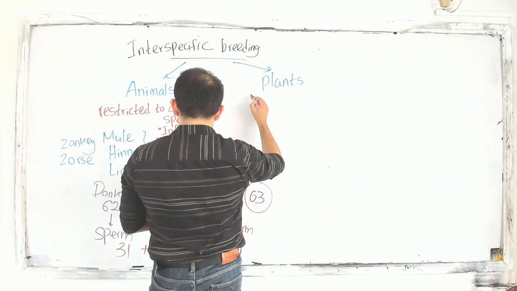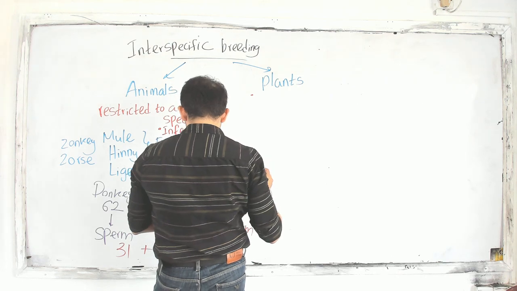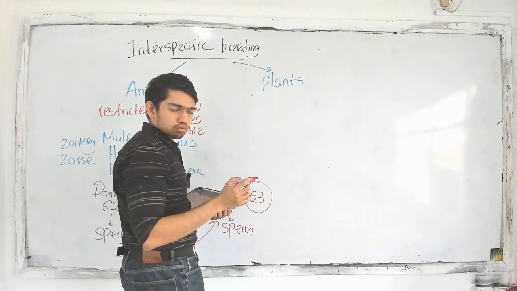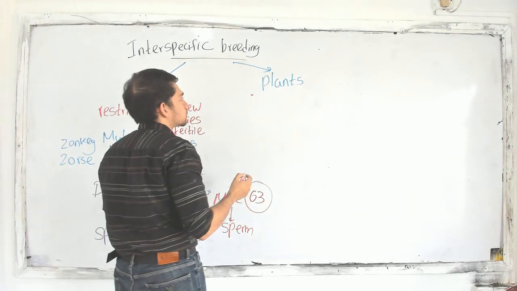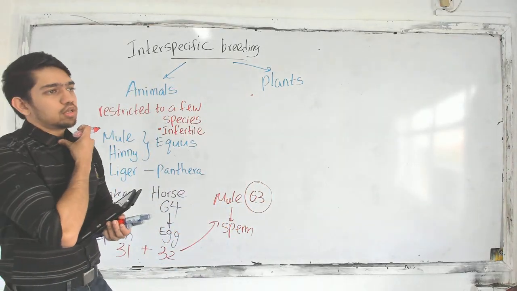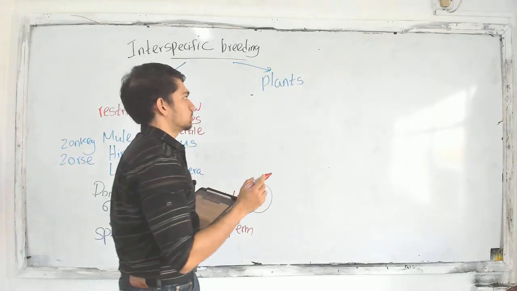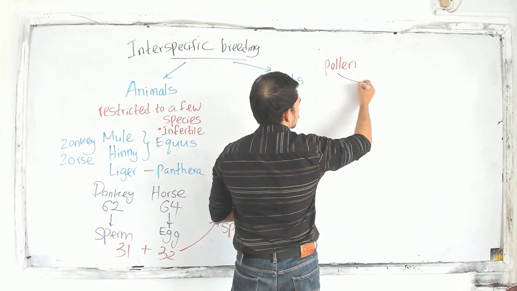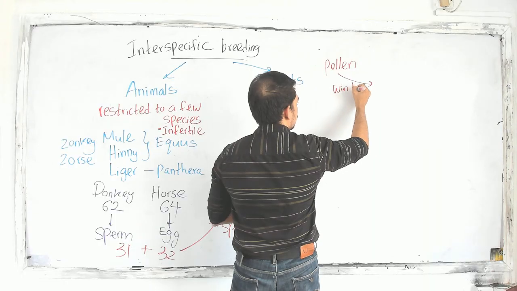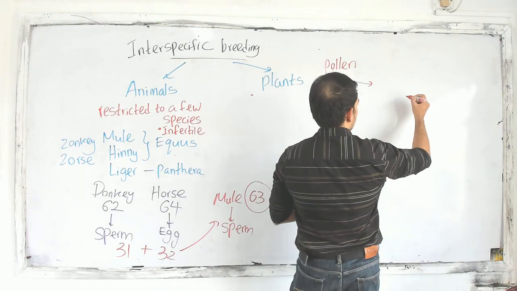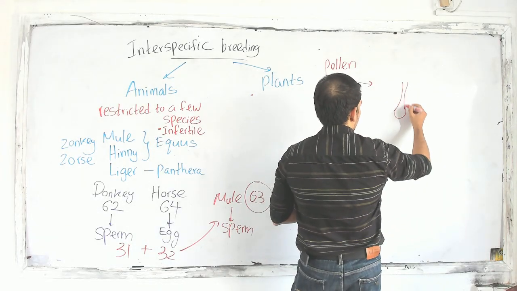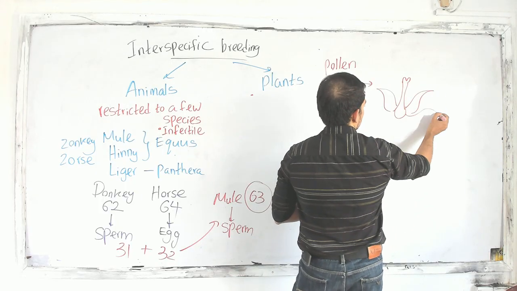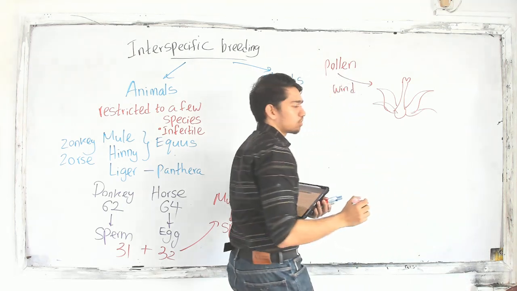Why? It occurs naturally, right? In plant reproduction, there's nothing controlling it. Pollen from one plant goes in the wind and gets deposited on a flower, on the stigma of a flower that is not of the same species.